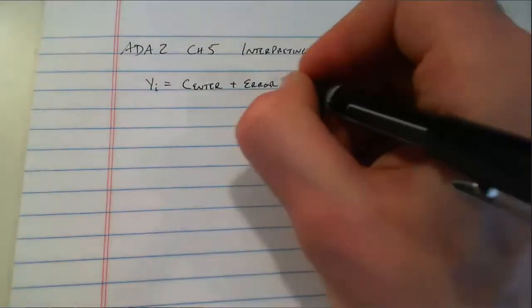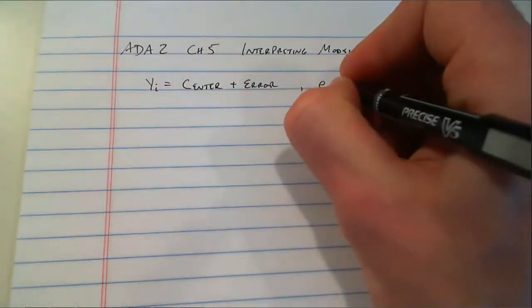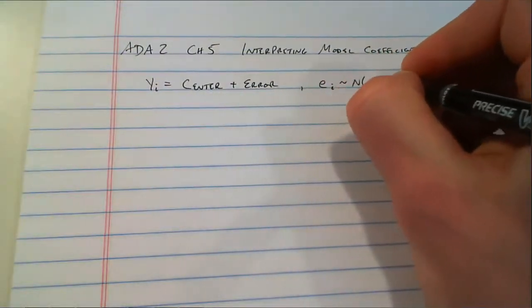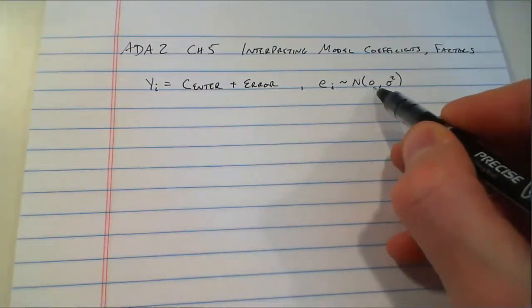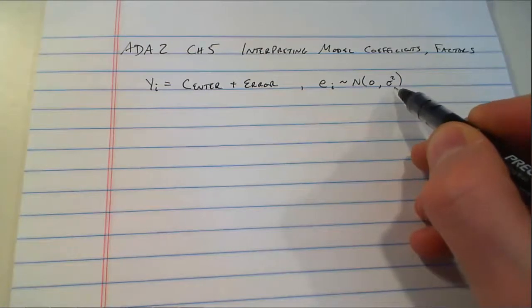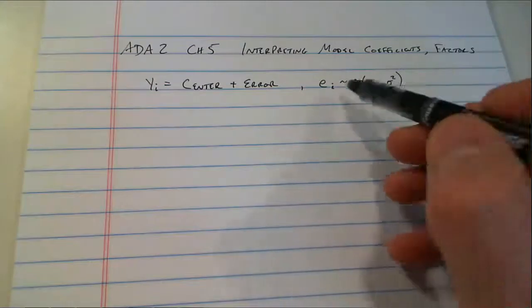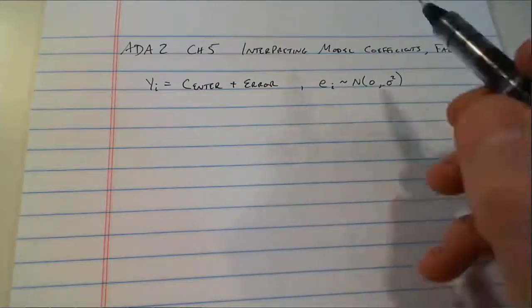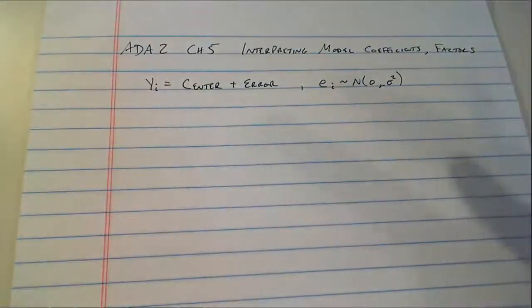And we know that our error terms follow some distribution. For example, the errors are normally distributed with mean 0 and a common variance sigma squared. Those are assumptions that we care about in the model. In this lecture, we're going to focus on the center. How do we write the center in a way that we can interpret those tables that we get from R or SAS or any other statistical software?